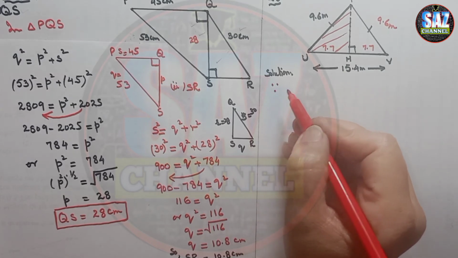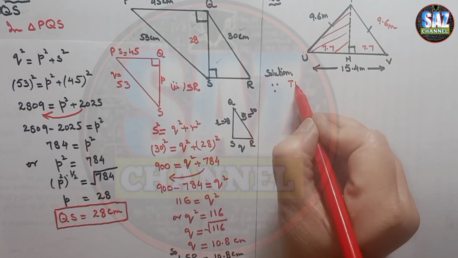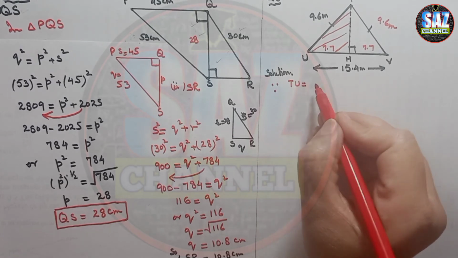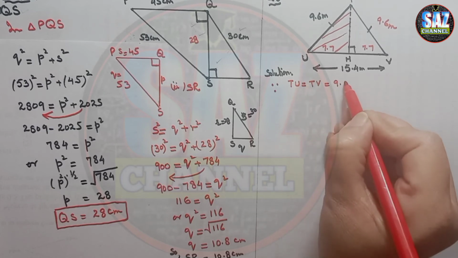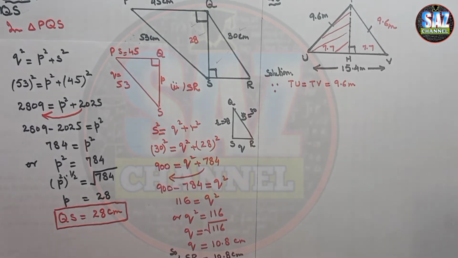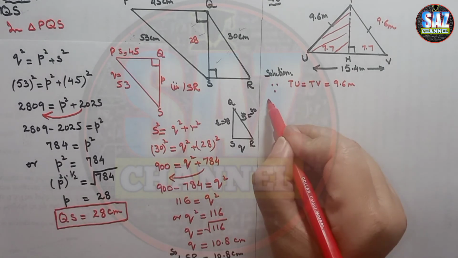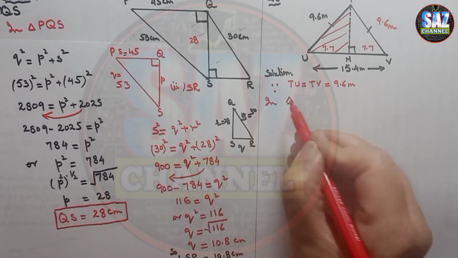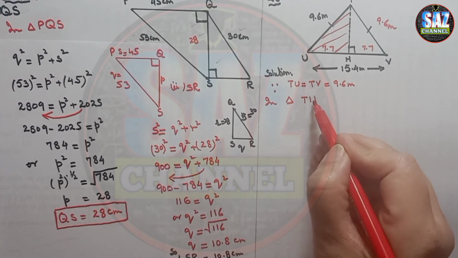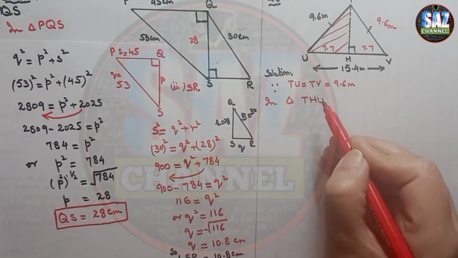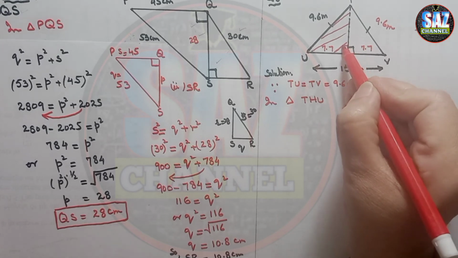It's given in the question that TU equals TV and they are 9.6 meters. Now which triangle am I going to take? In triangle THU, we have a right angle.